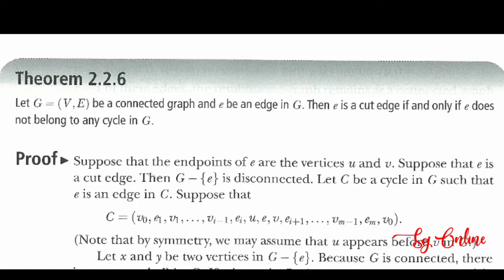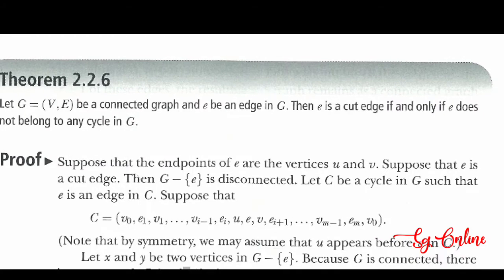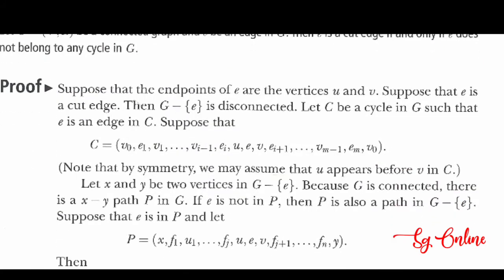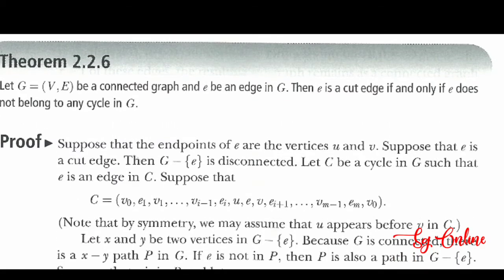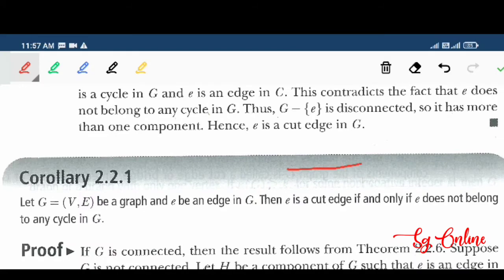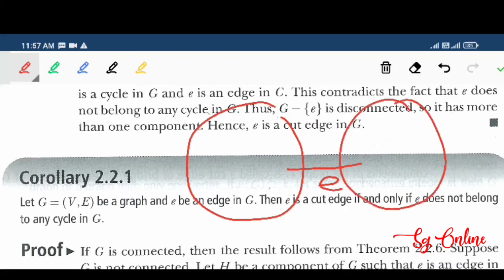Now we want to show that E is not a part of any cycle. Here it is shown in detail in writing. The basic idea I am giving you is very simple: if we delete the edge E from a graph and the graph becomes disconnected, you have one component in this portion, one component in this portion, and you get two different components.